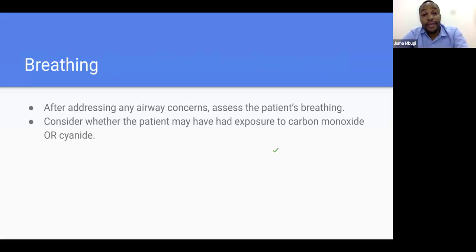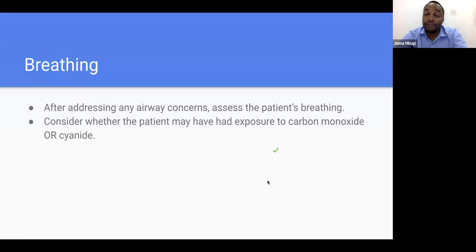So after airway, the other thing to assess is breathing. In patients with circumferential chest burn injuries or abdominal burn injuries, usually lung compliance is limited and chest movement is restricted, so take care of circumferential chest and abdominal injuries.